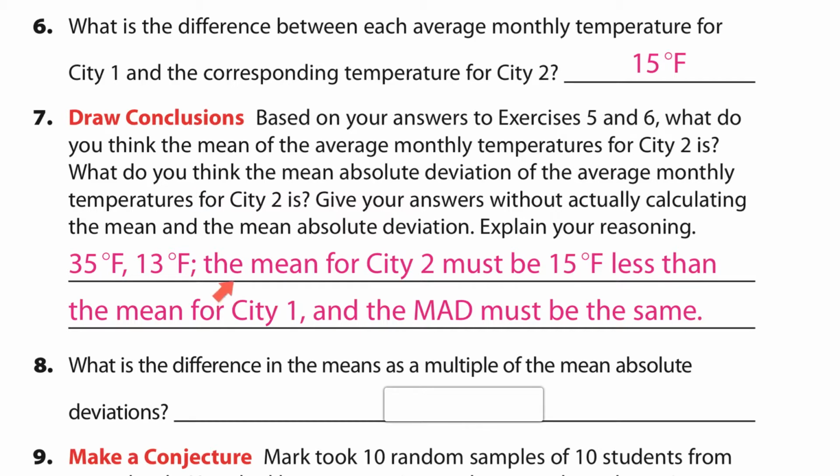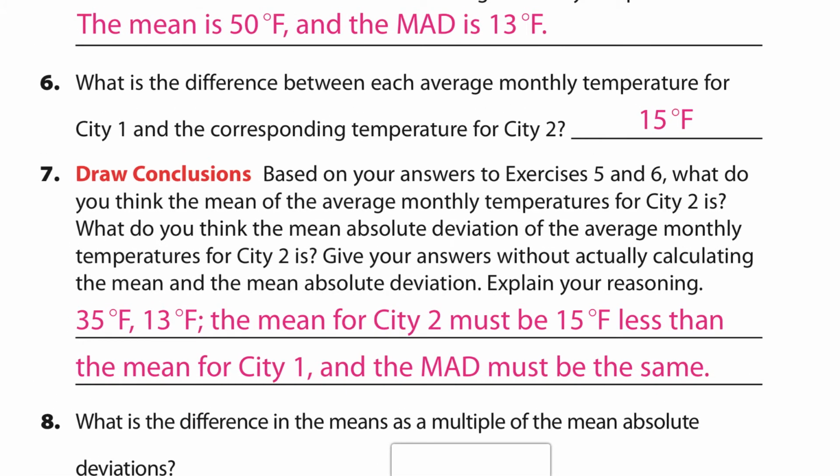The mean for City 2 must be 15 degrees less than the mean for City 1, and the MAD must be the same. So if everything is a 15 degree drop, then our 50 drops down to 35 right there, about 35 degrees Fahrenheit. And the MAD would be the same because everything just dropped 15 degrees.